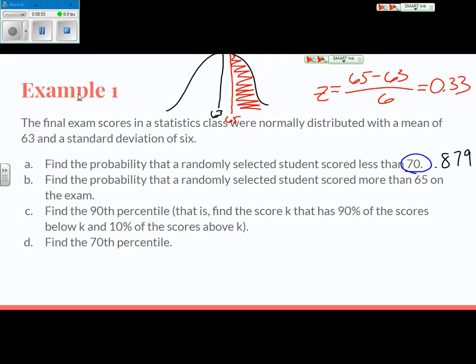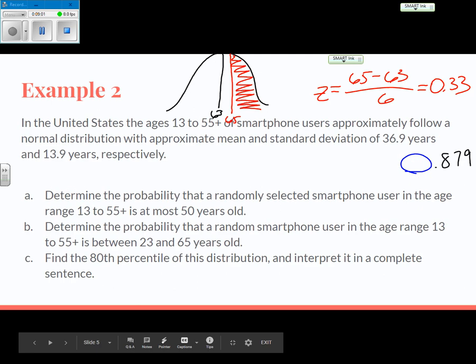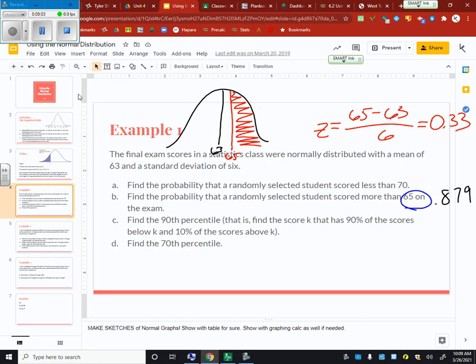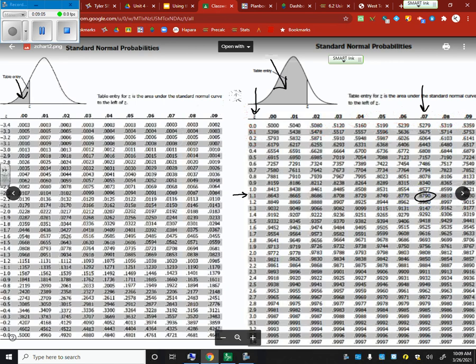So on your table, let's find that z-score for 0.33. So we're on this line and this column. 0.6293.